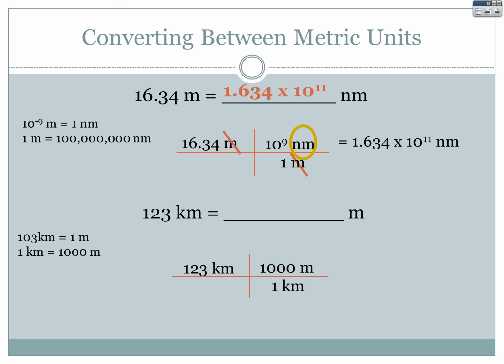We're going to use our conversion factor of 1,000 meters in 1 kilometer. Cancel out our kilometers and our kilometers, leaving us with meters. And our answer is 123,000 meters. And this makes sense again because meters are smaller than kilometers, and so there should be a lot more meters in that many kilometers. Sorry, I know that was kind of confusing. I fumbled that, but we're going to carry on.